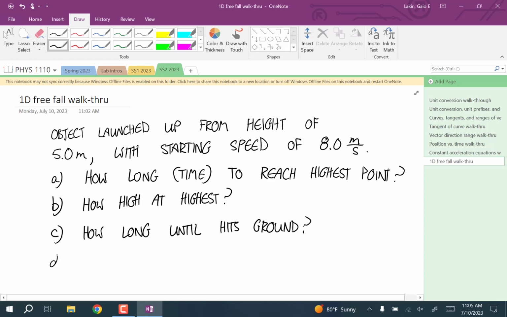And then finally, what's the velocity of the object at the instant right before it hits the ground? So what's the velocity just before it hits the ground?